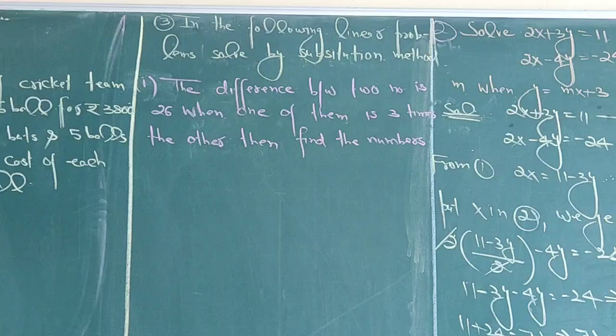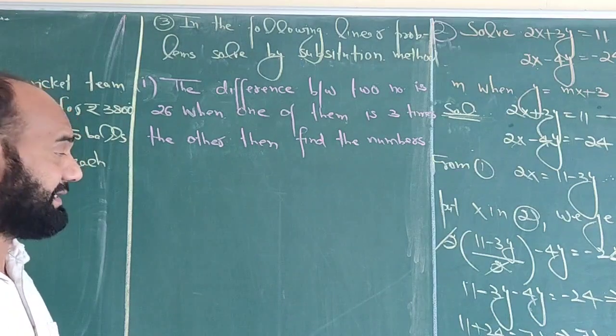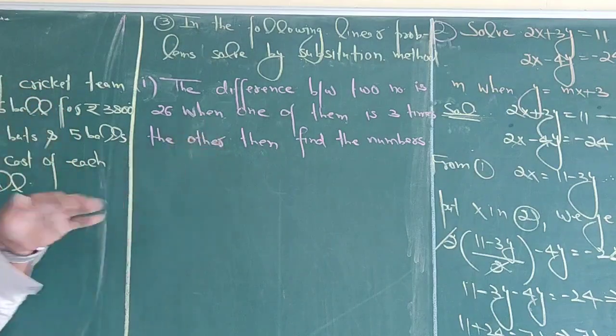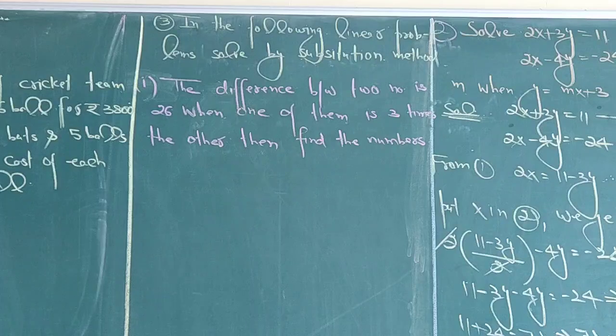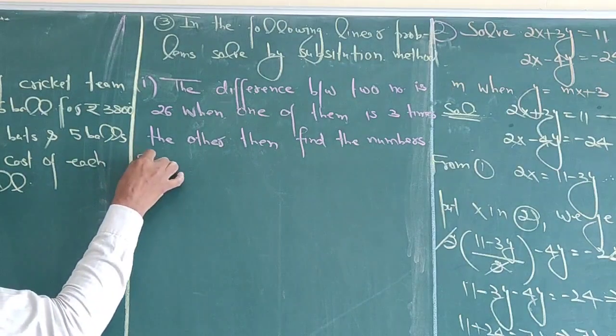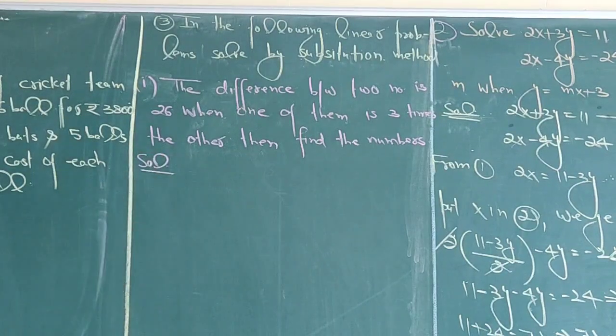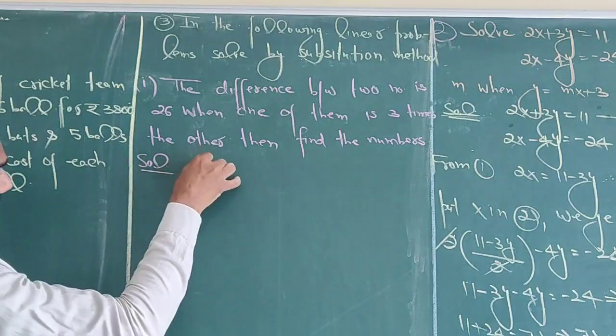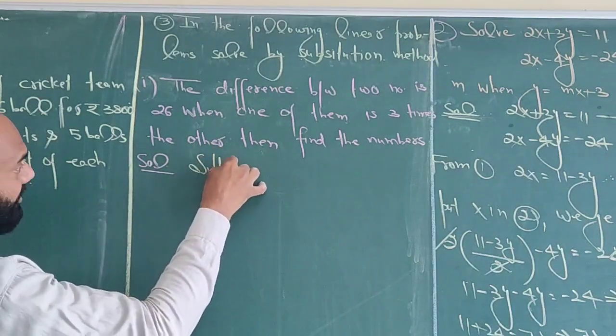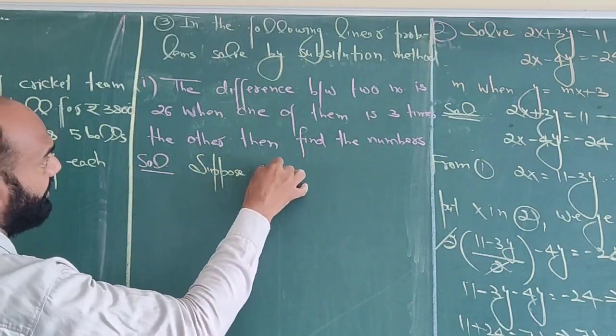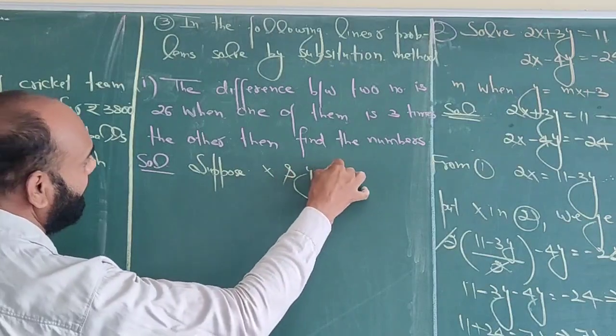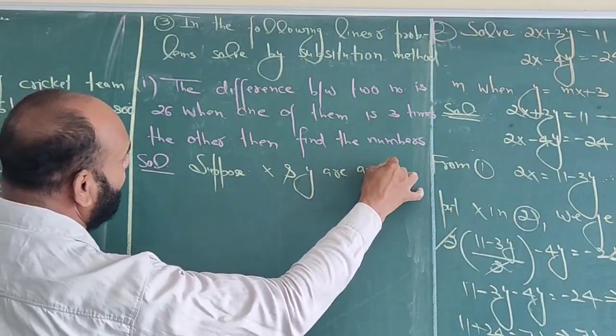The difference between two numbers is 26. When one of them is 3 times the other, then find the numbers. So to solve this question, we suppose x and y are any two numbers.